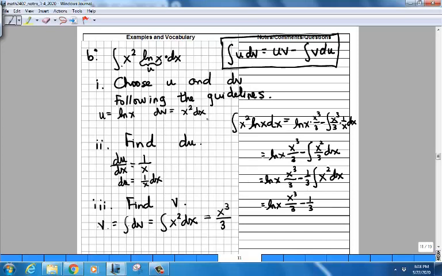Well, you know that very well, right? That's going to be x cubed over 3, right? And then don't forget, now we're going to add our constant. Oh, wow. So let's see, what does this end up being? So we get natural log of x, right, times x cubed over 3 over 9, right? So 1/3 times x cubed over 3 is x cubed over 9, and then plus this constant.